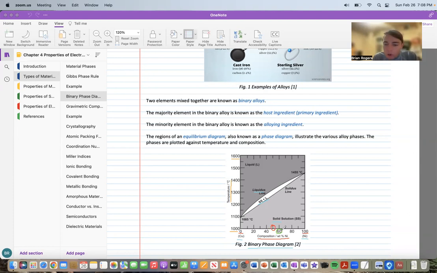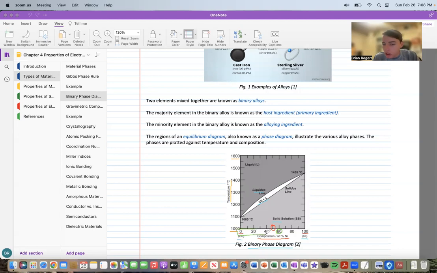And so what we're going to see when we're looking at this diagram is that when you have more percentage of copper, meaning that we're on this side over here, it will turn into a liquid easier.